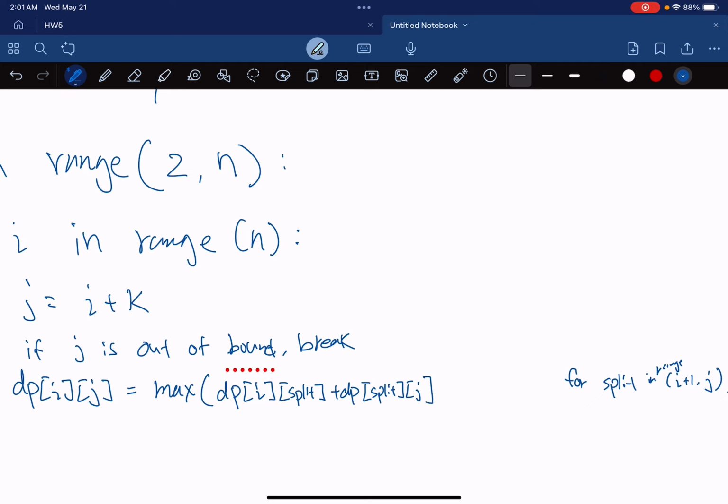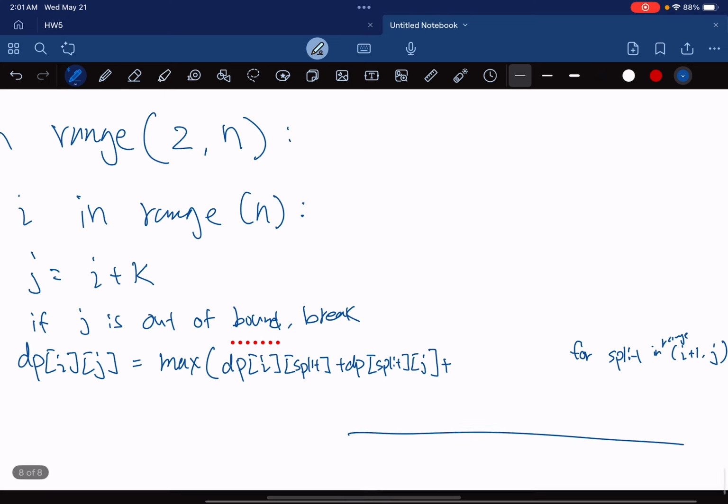And for the middle part, since we'll be taking split last, it would simply be... not even dp, we can just take the number, because, sorry, I'm running out of space. I'm going to write it right here.